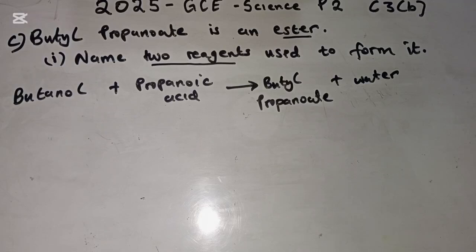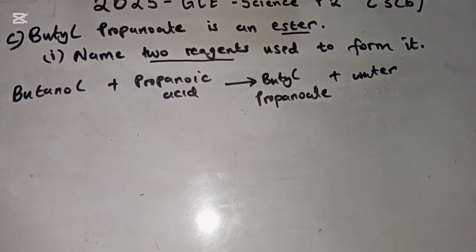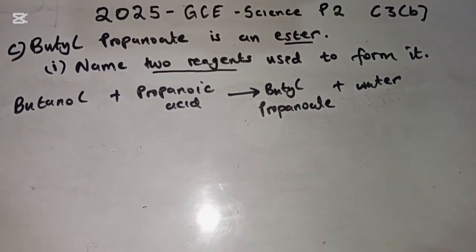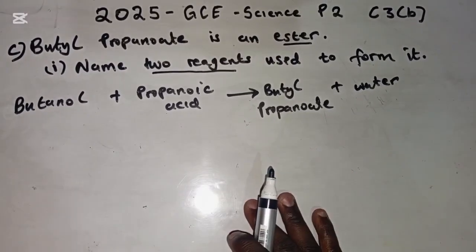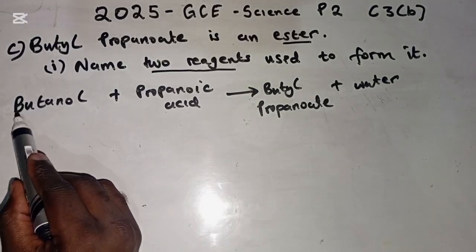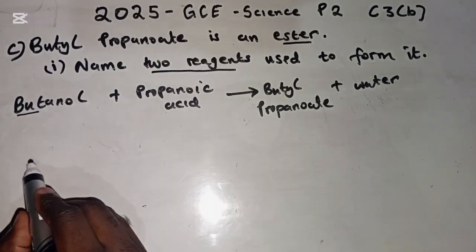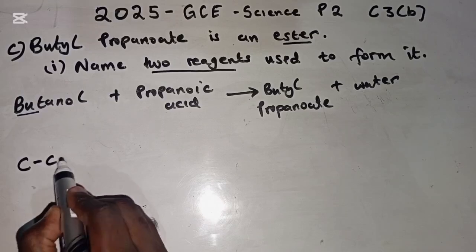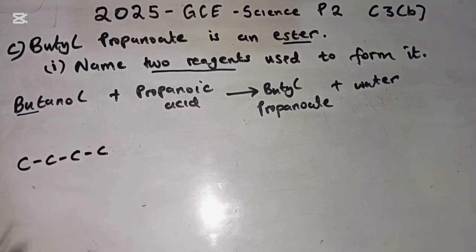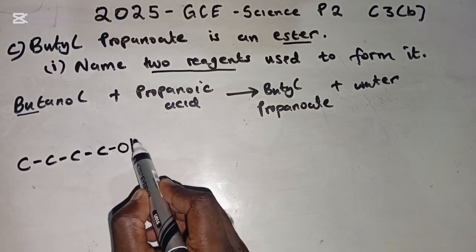Now I'm going to show the structures for these. If you haven't watched my previous video on how to draw structures, scroll down under organic chemistry; there are videos 1, 2, and 3. Butanol: the prefix but simply means 4 carbon atoms, and the OL means there is a hydroxyl group.